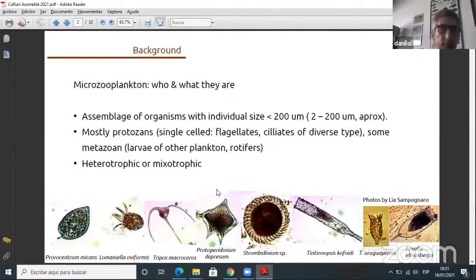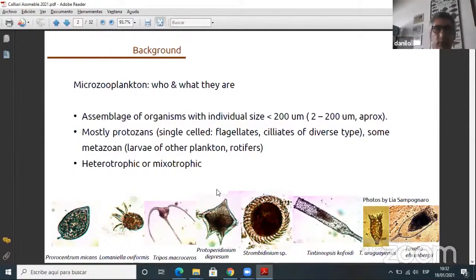Just to get started, microzooplankton is that very heterogeneous collection of organisms which have a few key characteristics in common. That is, first, they are planktonic. Then they are small in size.